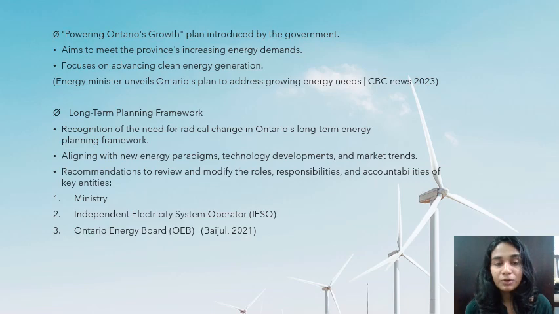The province of Ontario acknowledged significant changes in the long-term planning framework by adapting to new technology changes and market trends. They also adjusted the roles, responsibilities, and accountabilities of the ministry, the Independent Electricity System Operator (IESO), and the OEB, Ontario Energy Board.